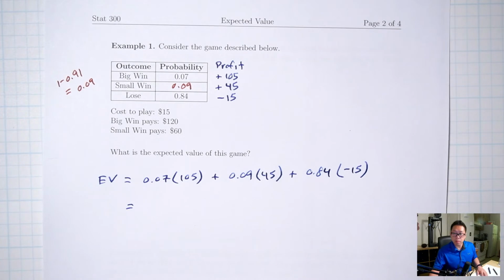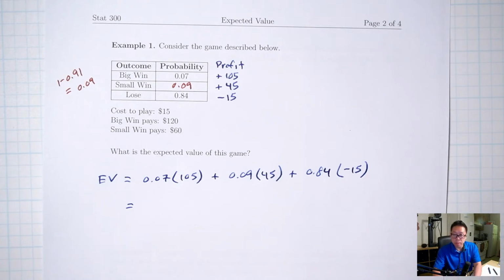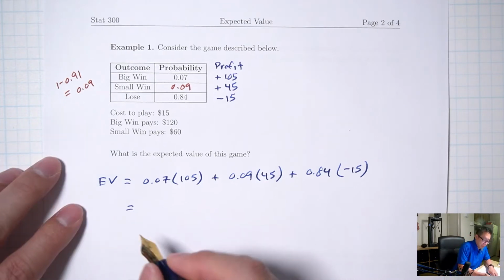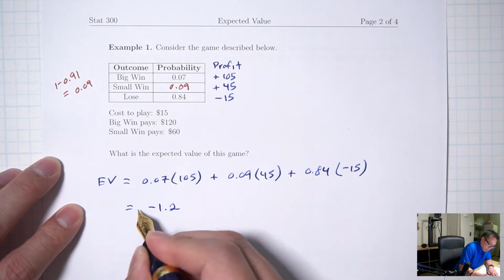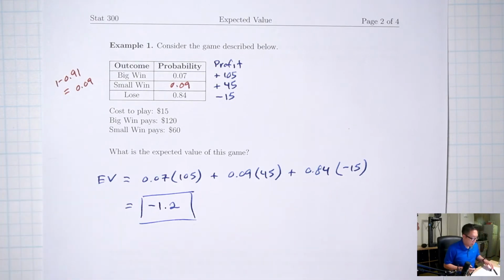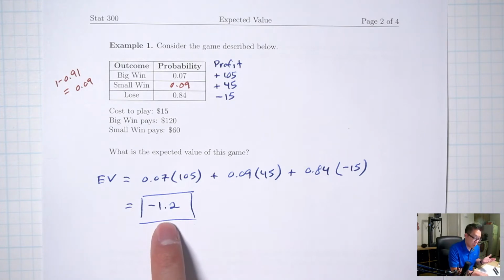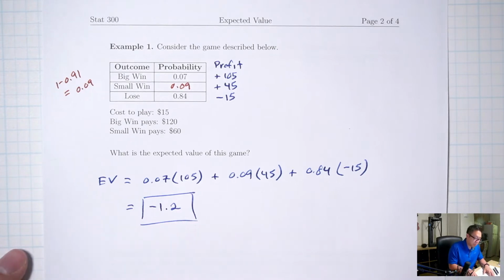All right, so on a calculator, 0.07 times 105 plus 0.09 times 45 plus 0.84 times negative 15. Negative 1.2. If you're playing this game many thousands of times, on average, each time you're playing, you are losing $1.20.